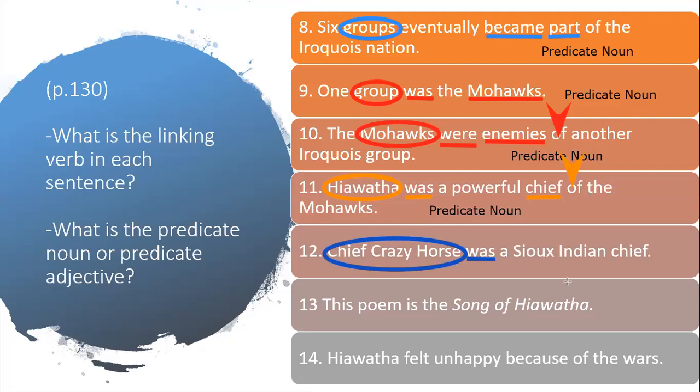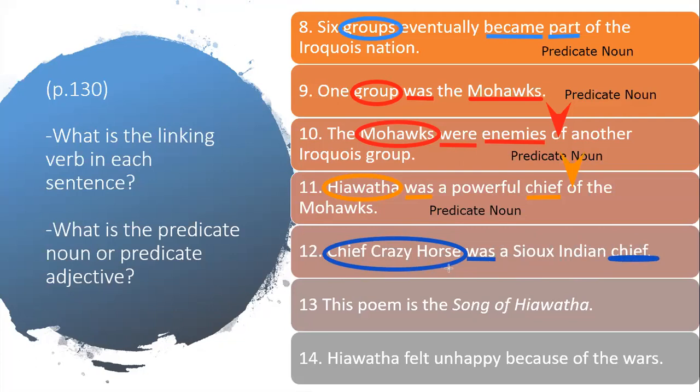And now we have to look for words in the predicate that are describing or renaming the subject, nothing else. And if you remember from the previous sentence, Sioux Indian are words that are describing chief. So this one you guys already know that chief is the word that is renaming Chief Crazy Horse. So Chief Crazy Horse was what?